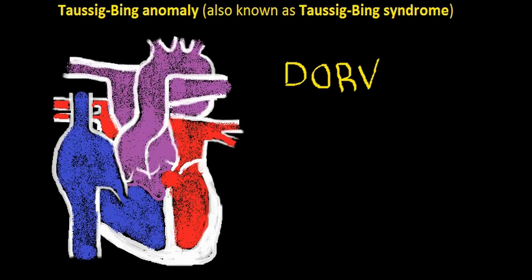As you see over here, the pulmonary artery, again, is at the left of the aorta, whereas it should be right of the aorta.